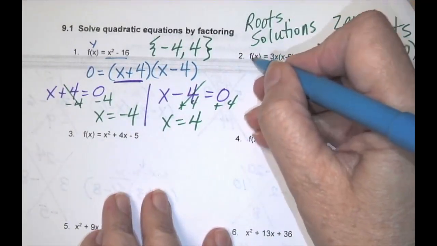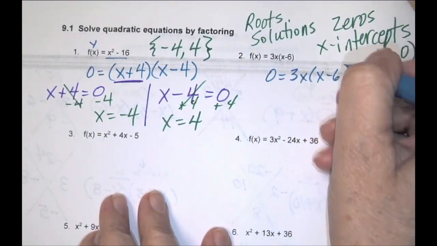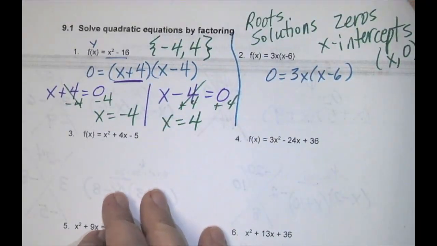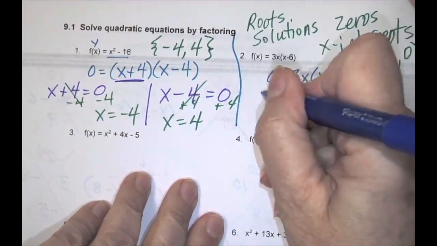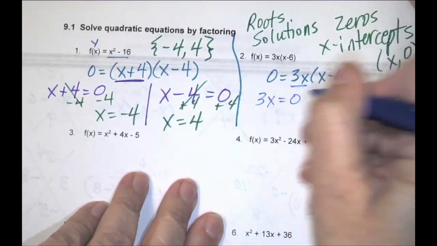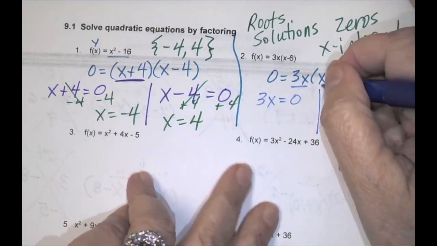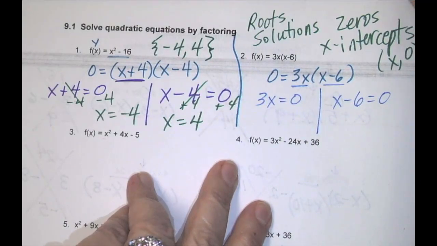I want to know when f of x is 0. This one's already factored for us. So all we have to do, let's separate these, is set our two factors equal to 0. So either this one, 3x equals 0, or this one, x minus 6 equals 0.